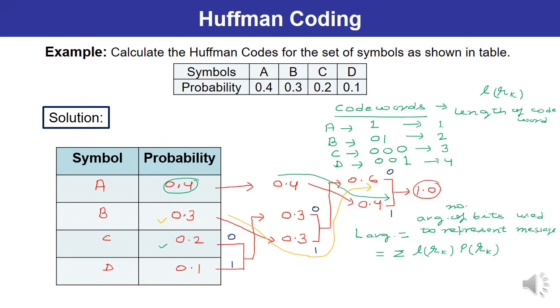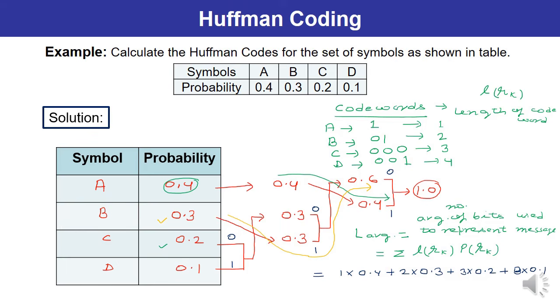Here 4 symbols are available, and their probabilities. So first, length of code word, length of symbol A is what? 1. So this is 1 into its probability 0.4. For B, length is 2, its probability 0.3. For C, length is 3, its probability is 0.2, plus for D, length is 3 into its probability is 0.1.